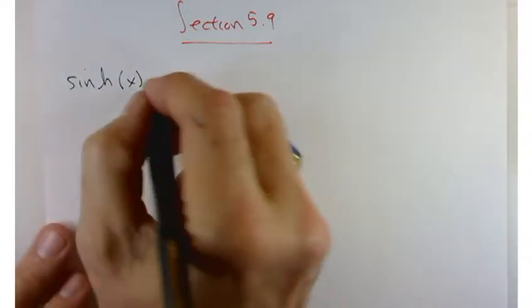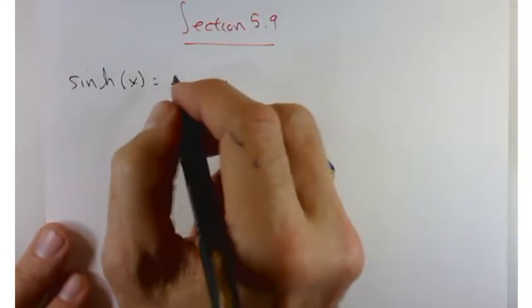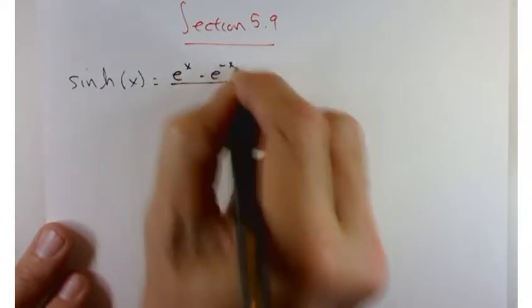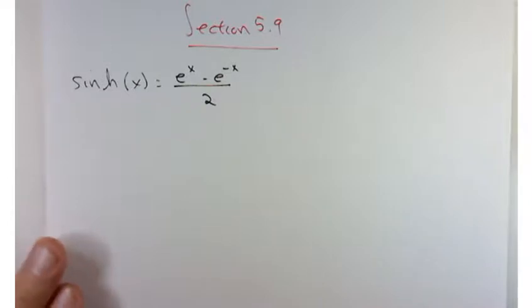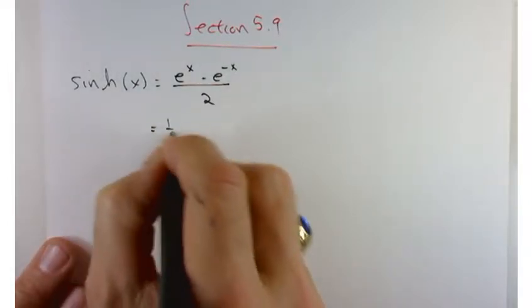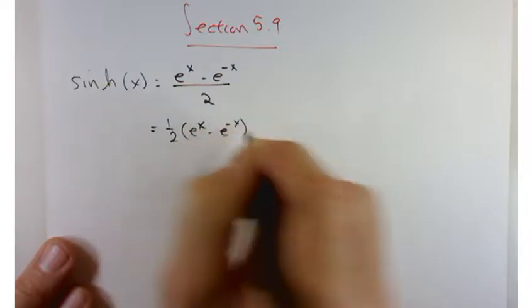They're hyperbolics. These are functions of hyperbolas, the unit hyperbola, not the unit circle. And it's e to the x minus e to the negative x over 2. Or, of course, you could write that as 1/2 e to the x minus e to the negative x.